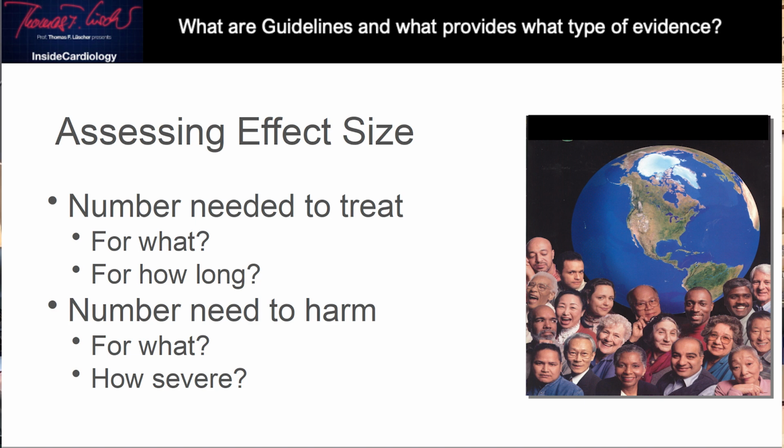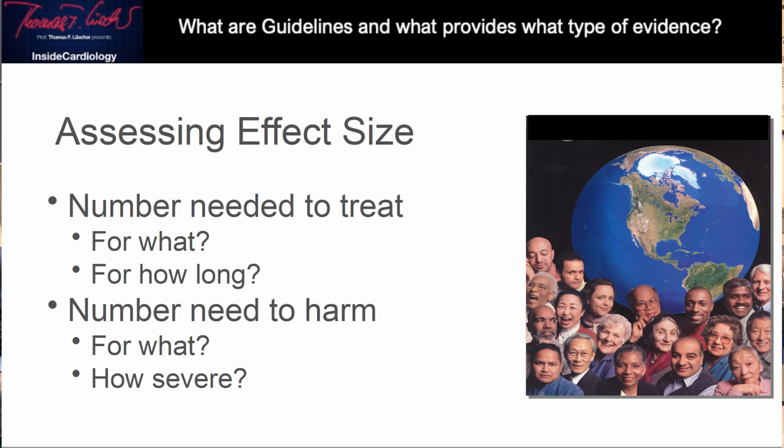And when we look at the effect size of a trial, we have to ask ourselves, are the numbers needed to treat good enough? And for what? Is it mortality? Or like in the colchicine trial recently, only revascularization or non-fatal myocardial infarction? For how long do we have these numbers needed to treat? Is it 5 years or is it a lifetime risk? Then the numbers needed to harm have to be very, very high, because we don't want bleeding in every single or every second or every third patient.